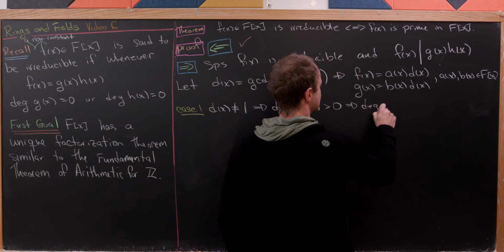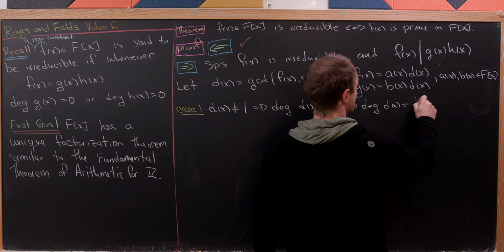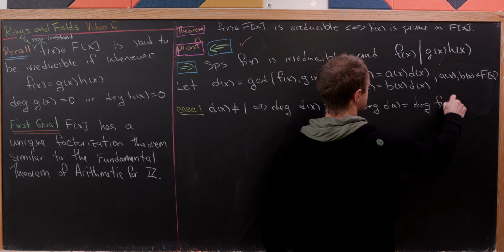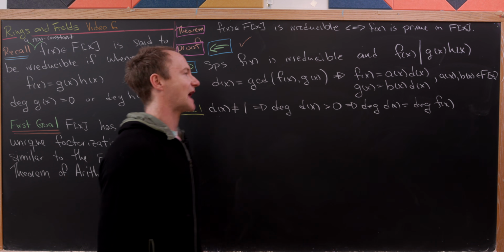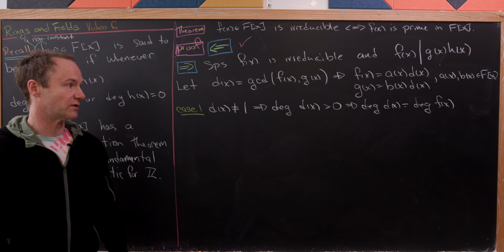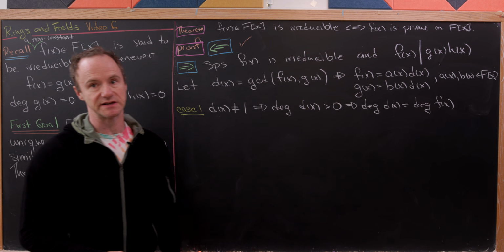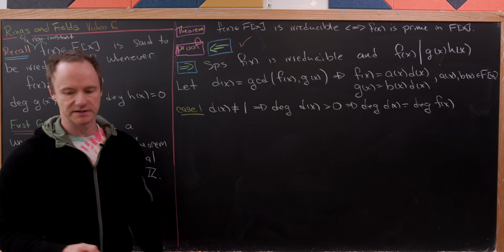But that tells us that the degree of d of x is equal to the degree of f of x. Because if you're factoring f of x into parts, given that f of x is irreducible, and you factor it with one part which is degree bigger than 0, then that means that has to be all of it.